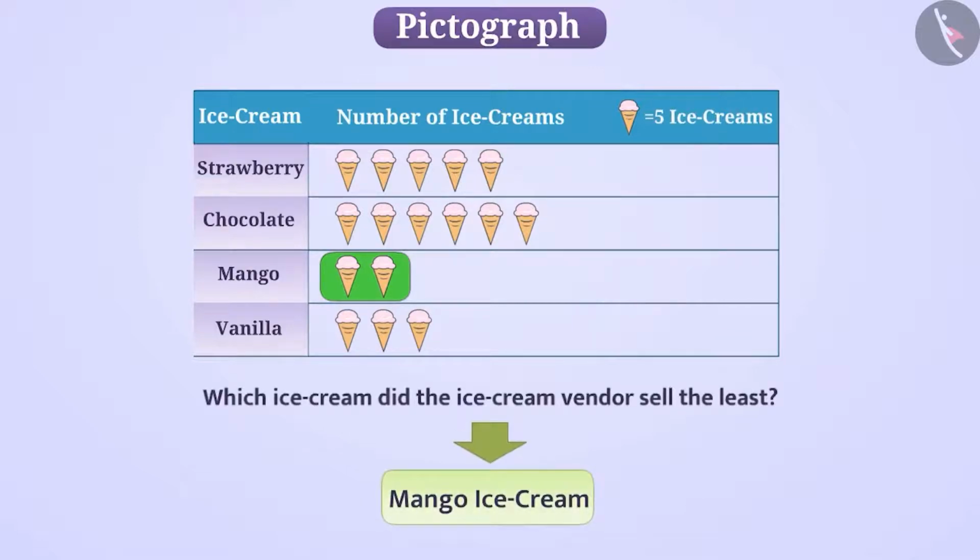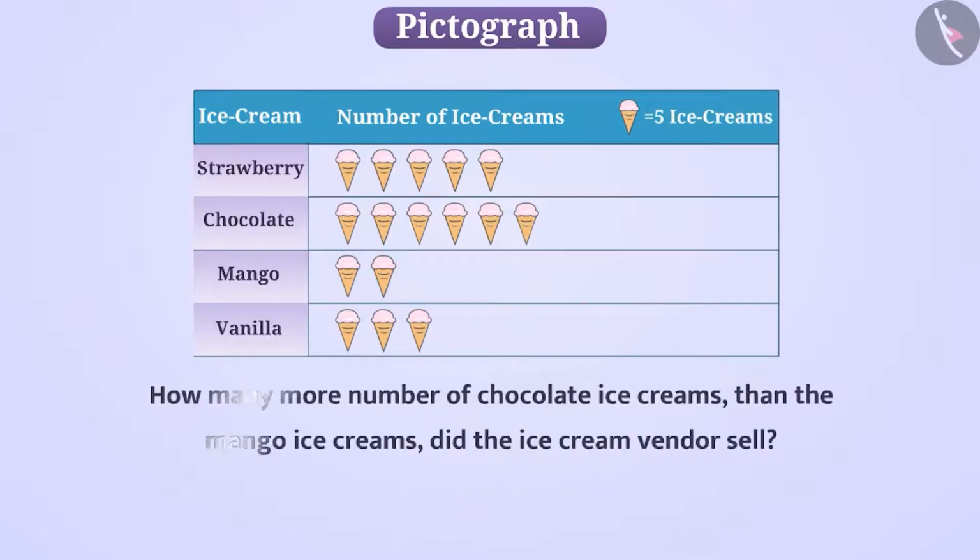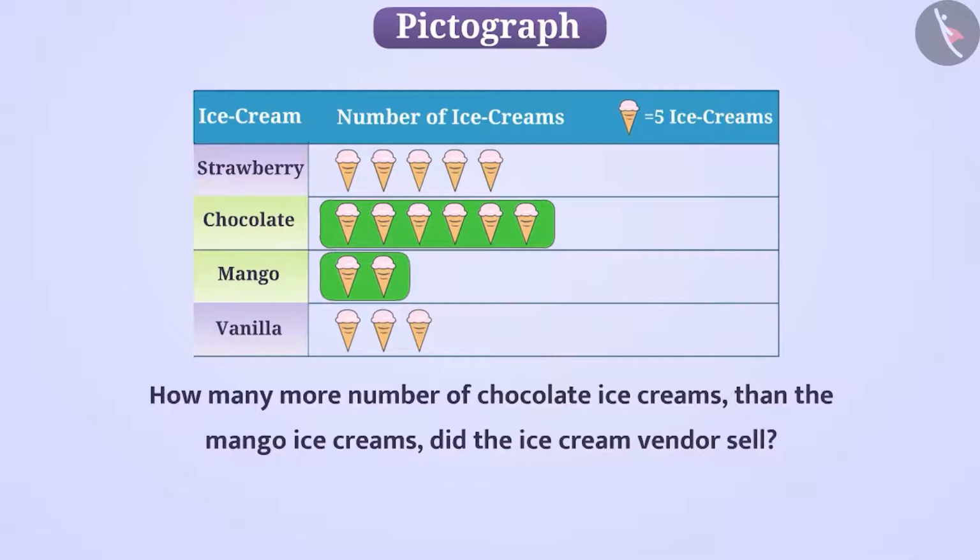Can you tell how many more chocolate ice creams than the mango ice creams did the ice cream vendor sell? Think for a while. Correct. To find out, it's not required to find the exact number of both.